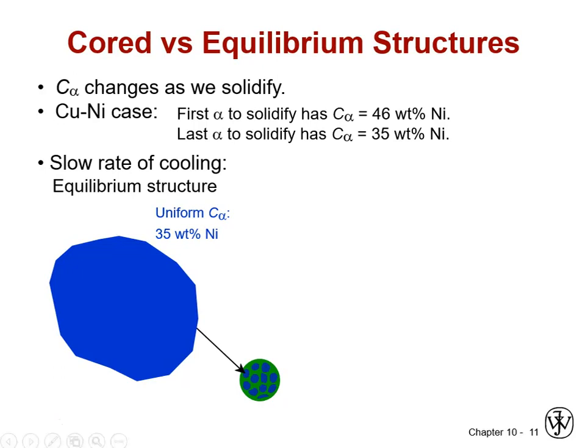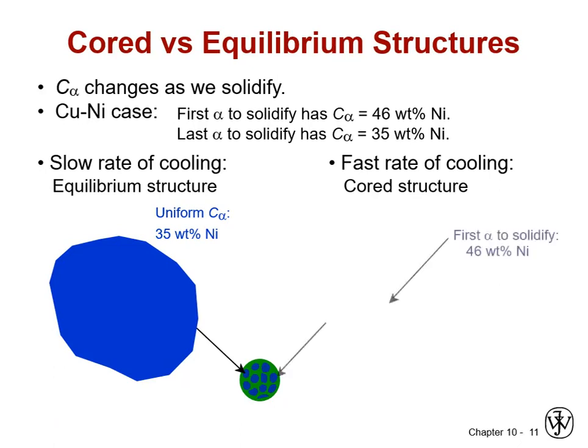So we're starting with our equilibrium cooling. If we have a slow rate of cooling, we end up with a uniform composition across our grain, and it's shown as just a big blue grain blob because it has the same concentration. So the color is representing the weight percent nickel in this case. If we cool fast, we're going to end up with a nickel-rich core and a copper-rich boundary.